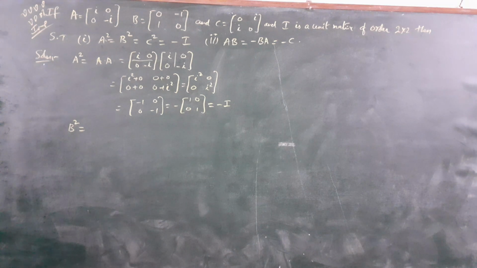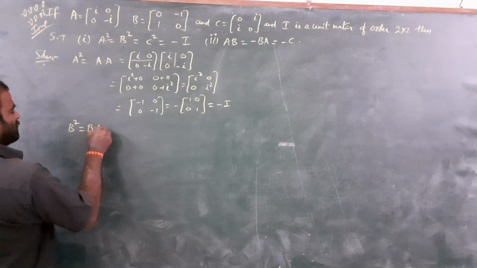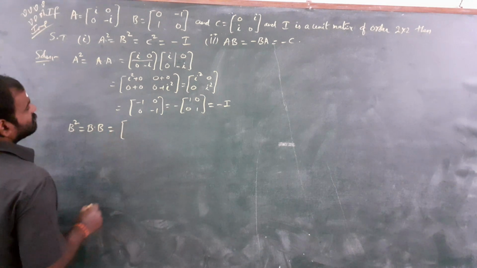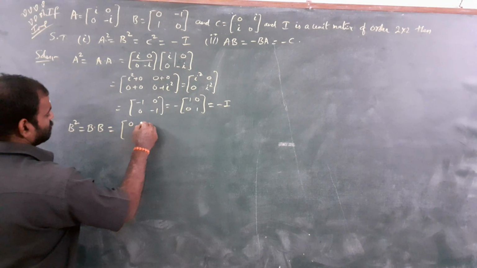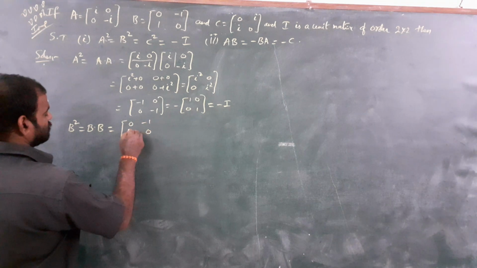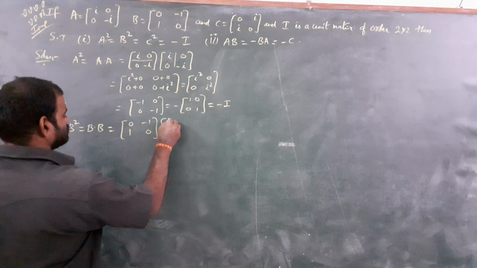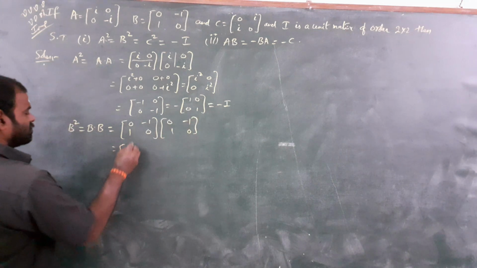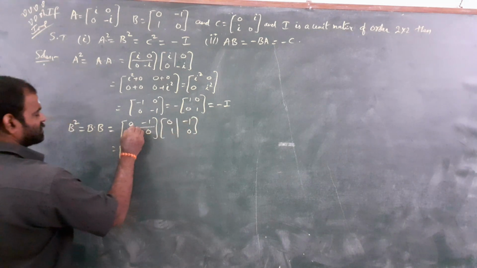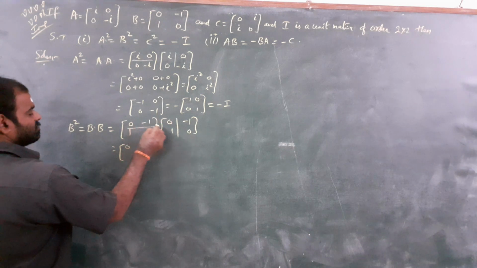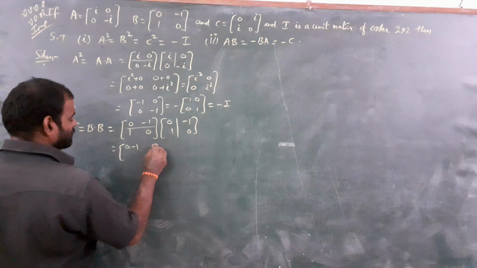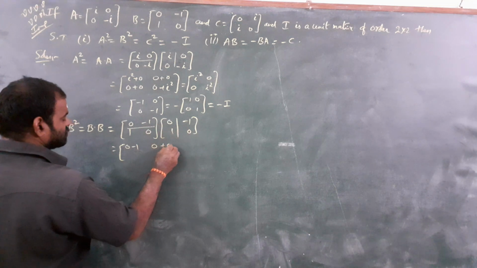And in the same way you are going to find B square. B square is nothing but B into B, which is equals to, what is B here? [0, minus 1; 1, 0] into [0, minus 1; 1, 0]. So this row, this column like that. 0 into 0, 0, minus 1 into 1, minus 1. Again 0 into minus 1, 0, minus 1 into 0, 0.